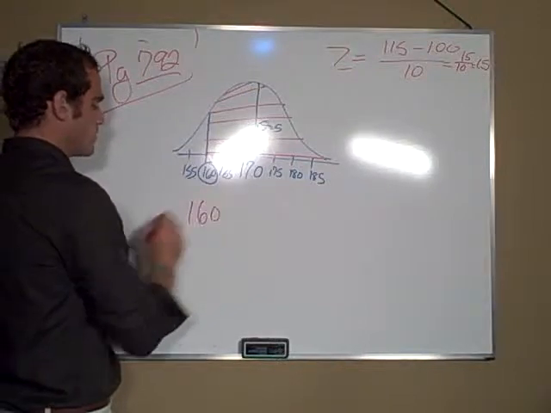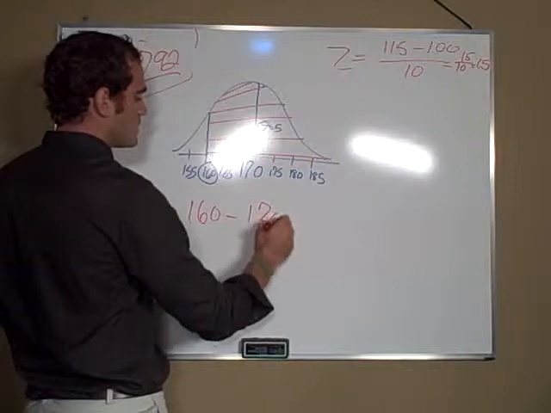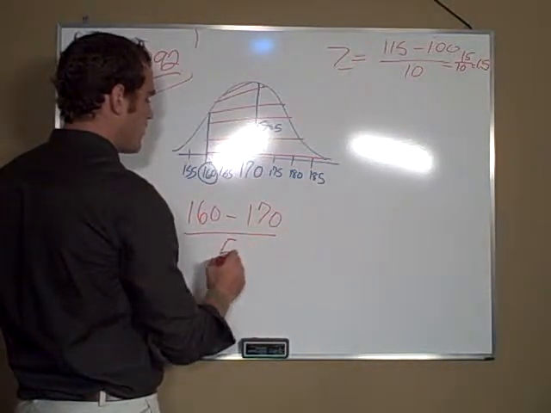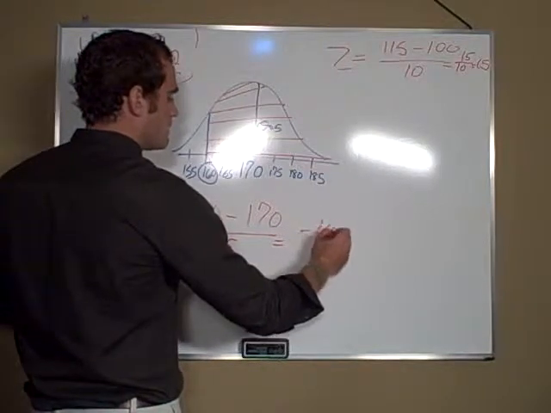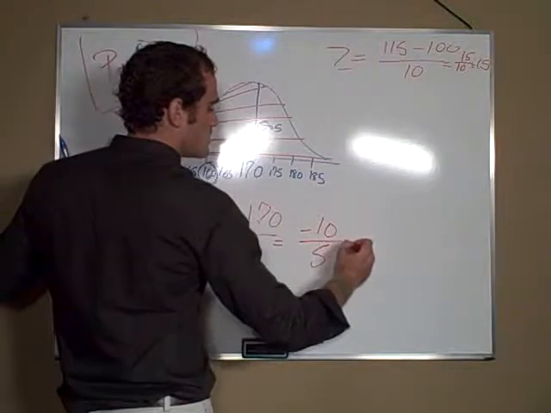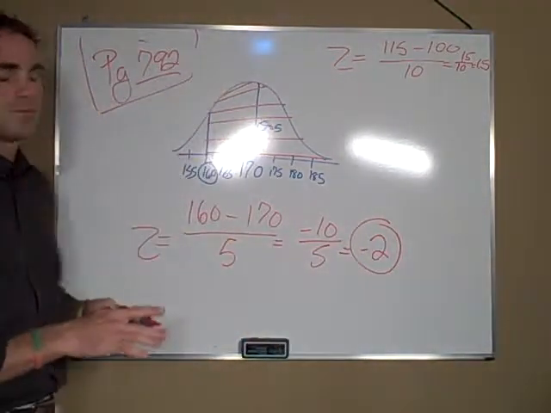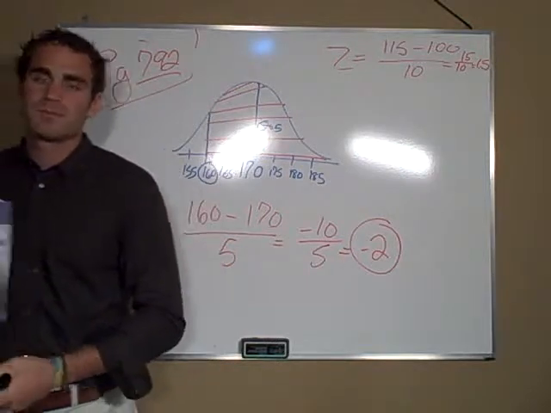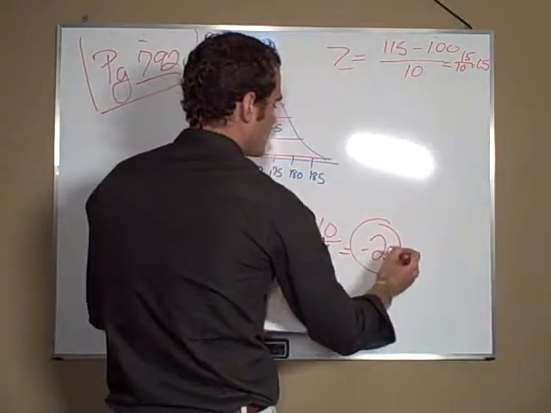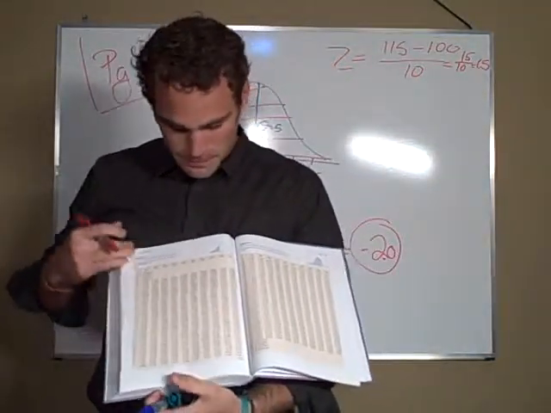I can figure out the Z-score. 160 minus 170 over my standard deviation of 5 gives me minus 10 over 5, which is minus 2. My Z-score is minus 2. I take minus 2.0 to my table.